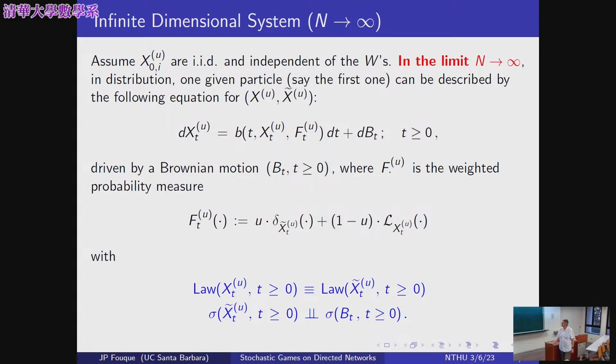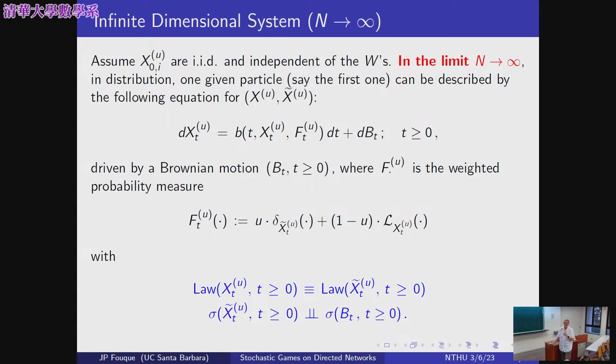And it is affected by the distribution of what? So this is what I want to describe now. So if u equals 1, it is affected by the distribution of another agent, fictitious agent, which will represent the full chain, so that the law is the same. It has the same distribution, the same law, but this agent is independent of this Brownian motion. So this is a little bit new.